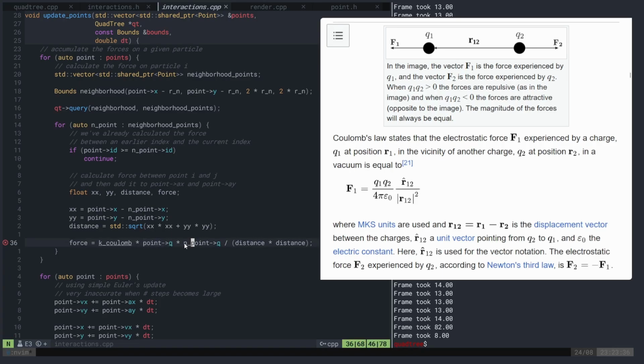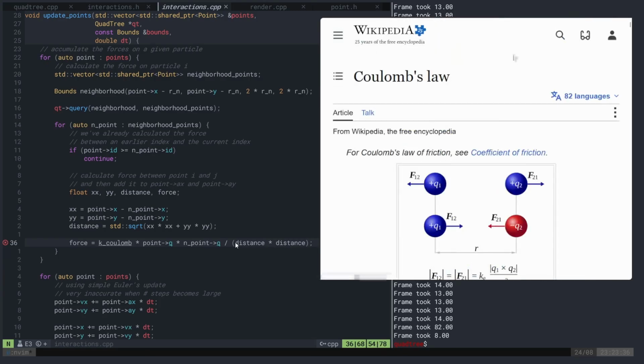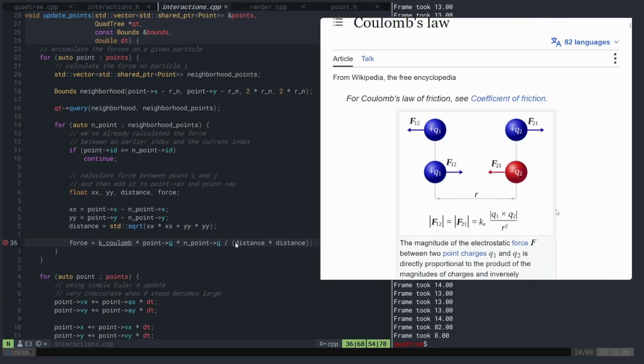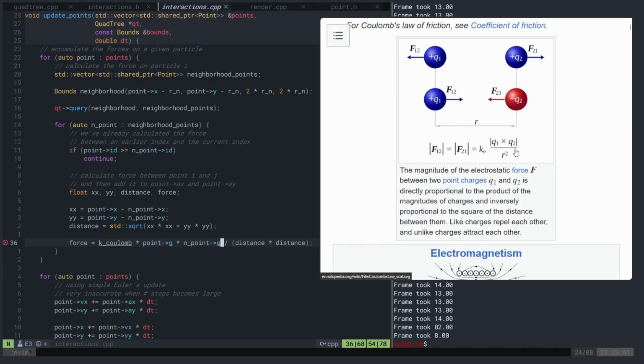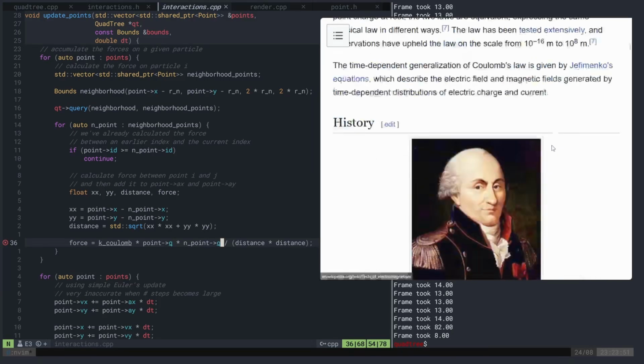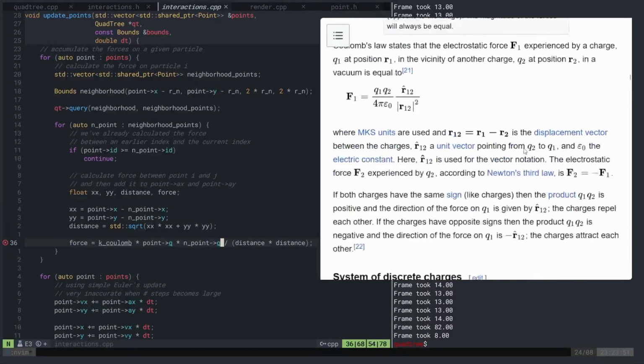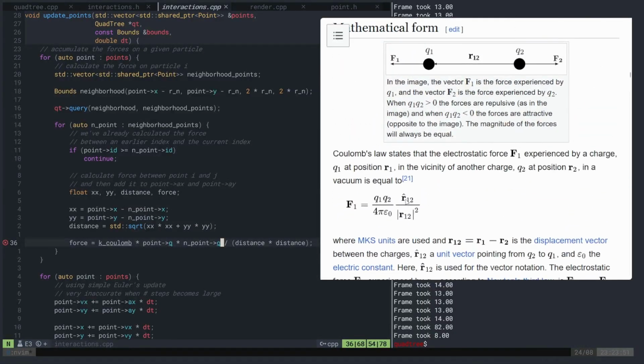So point q and then endpoint q, those are q1 and q2, divided by distance squared. So that's the magnitude. This whole parameter is the magnitude over here. What we need to do is to add the direction. So in this case, the direction is just the unit vector. R hat is just the unit vector between point 1 and 2.